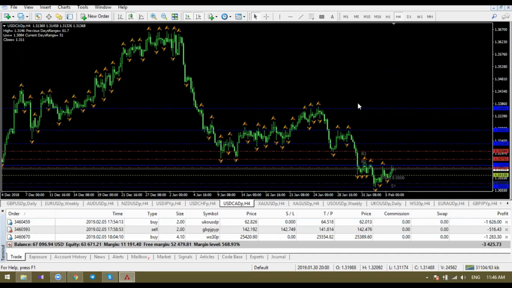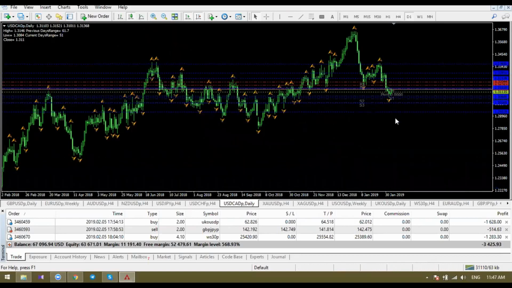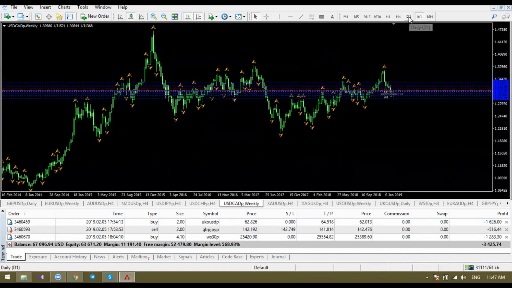Look, I will make an example of another chart. My dollar to Canada is still downtrend because my highs are still low. And this is lower than this and lower than this.